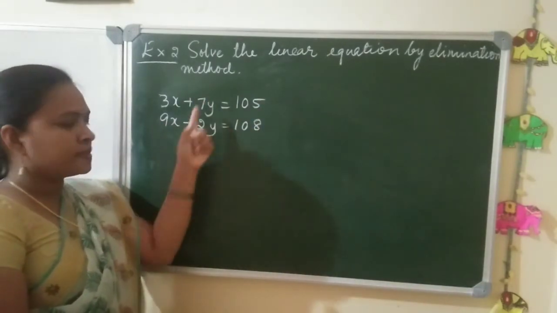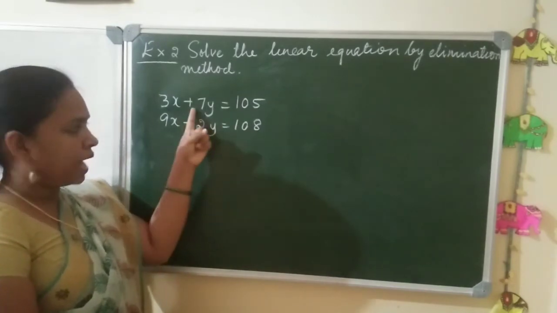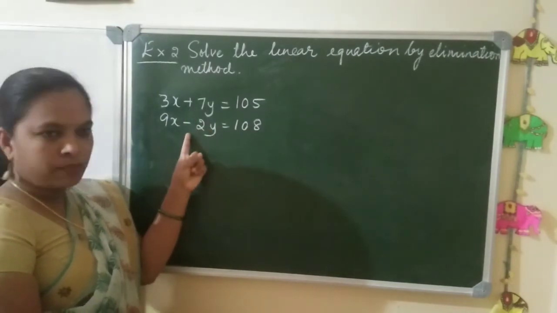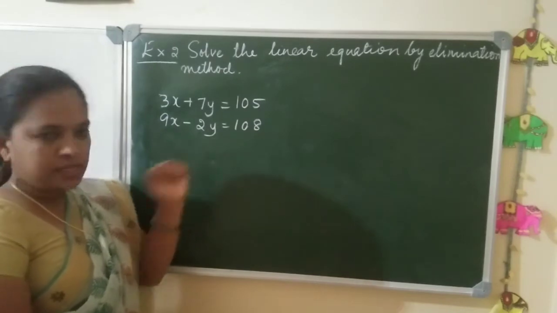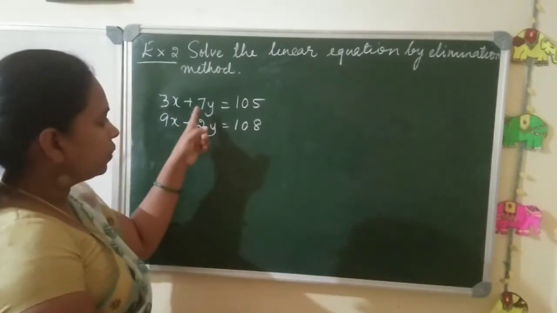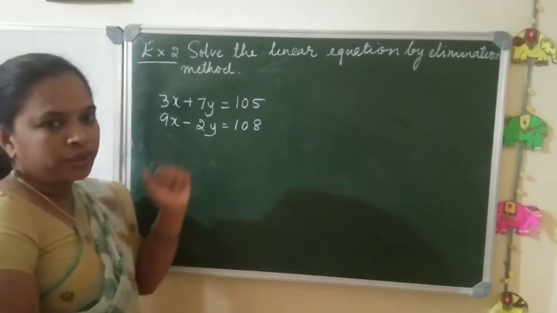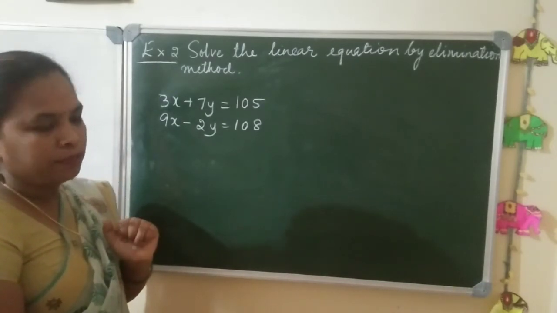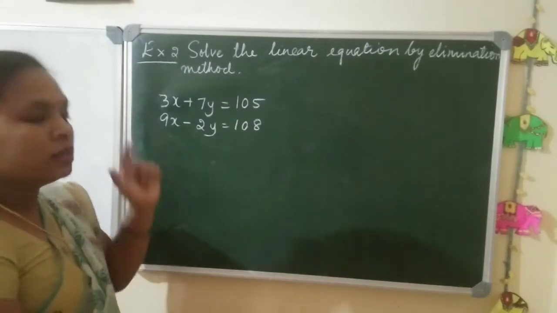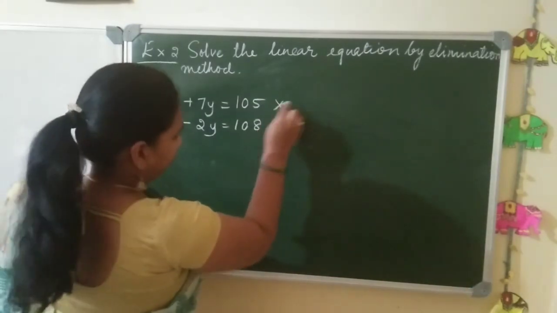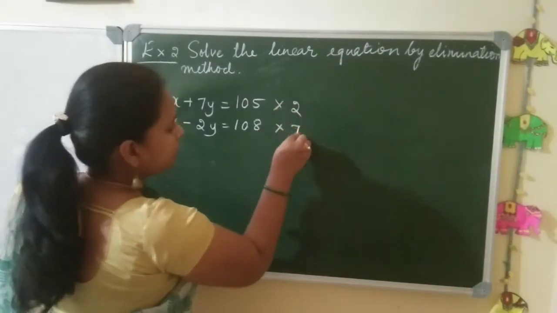I am choosing the second one because already I have a plus sign and I am having a minus sign, so that I can easily cancel. So now here you have 7y and here you have 2y. Now you can guess by which number you can multiply. You have to multiply the first one with 2 and the second one with 7.